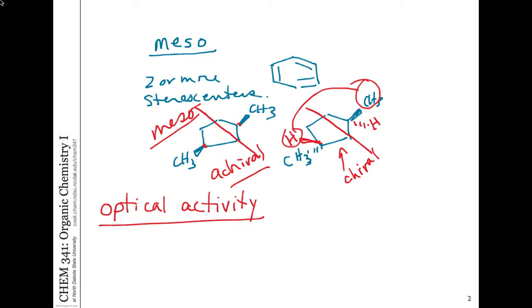So if you have achiral molecules, nothing happens to the light. If you have a 50-50 mixture of enantiomers, a racemic mixture, it also will not rotate plane polarized light, because each enantiomer rotates it by an equal amount in the opposite direction.